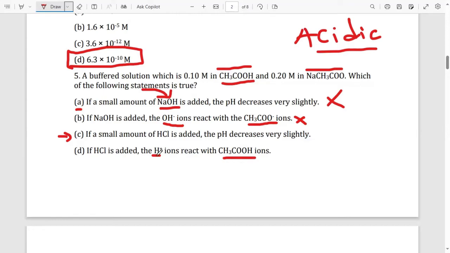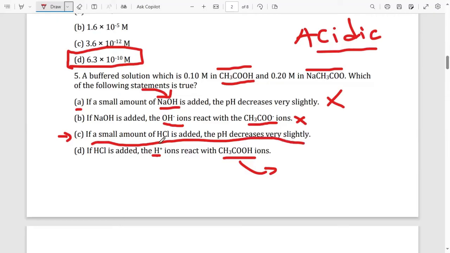So a reaction between these hydrogen ions and the acid cannot take place because this acid wants to get rid of this hydrogen that it has here. It won't accept another hydrogen. So there will be no reaction there. But the only answer that makes sense is this one here on C.